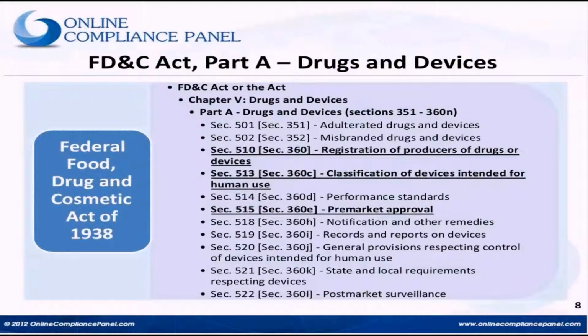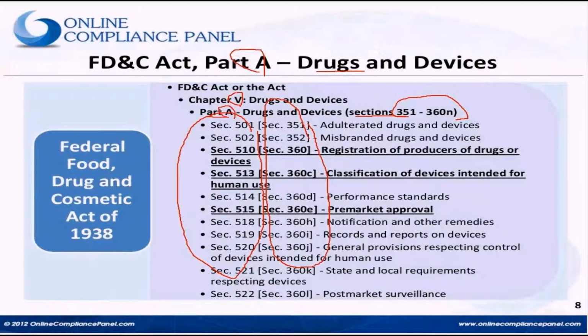According to the FD&C Act, Chapter 5 covers drugs and devices, and under Chapter 5 there are Parts A, B, C, D, E, for example. Here, Part A talks about drugs and devices. These section numbers refer to those in the FD&C Act, and these sections refer to Title 21 United States Code.